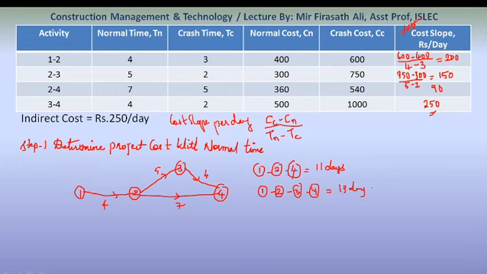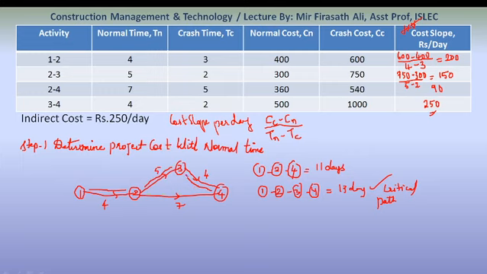So this is our critical path. What we do, we highlight the critical path with double lines. So this is our critical path, highlighted with double lines.